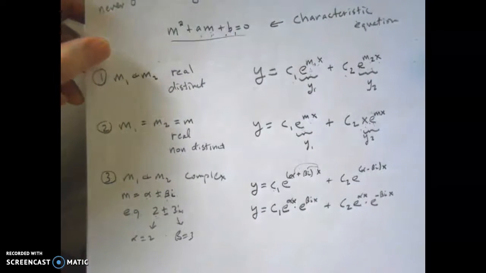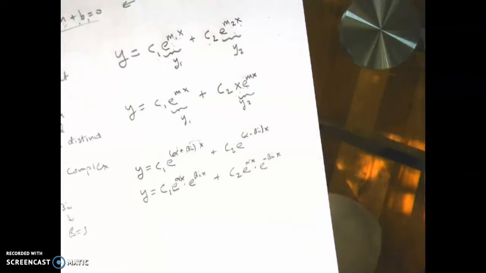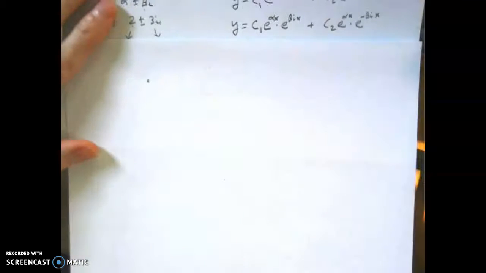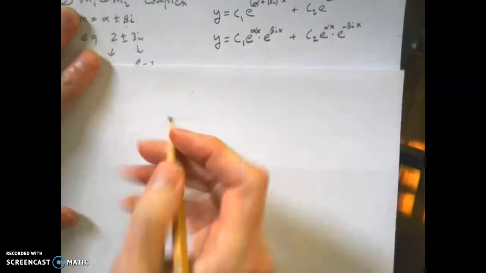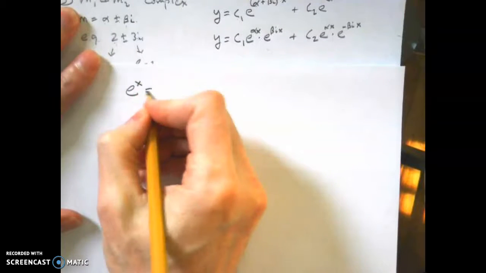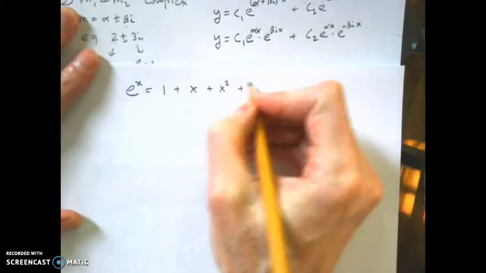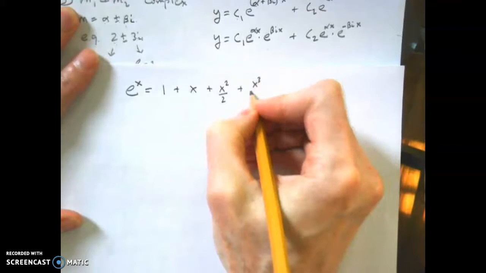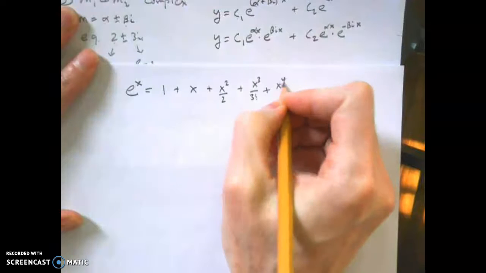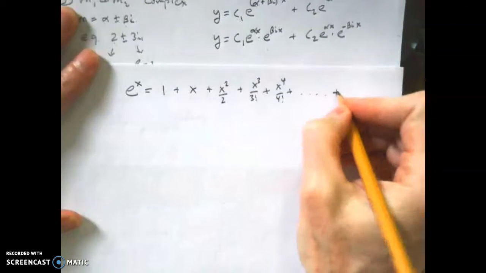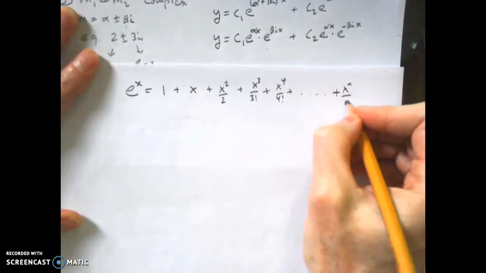Okay? In order to do that, I'm going to keep this here so we can see it. We have to remember our Maclaurin series for e to the x. Okay? So remember that the Maclaurin series for e to the x is equal to 1 plus x plus x squared over 2 factorial plus x cubed over 3 factorial plus x to the 4th over 4 factorial plus dot dot dot plus x to the n over n factorial.